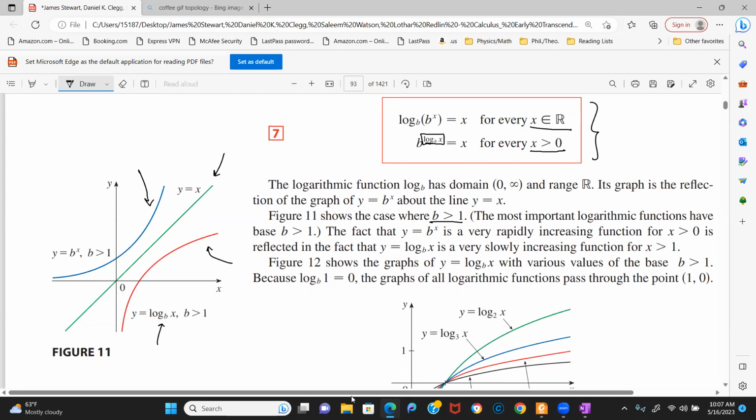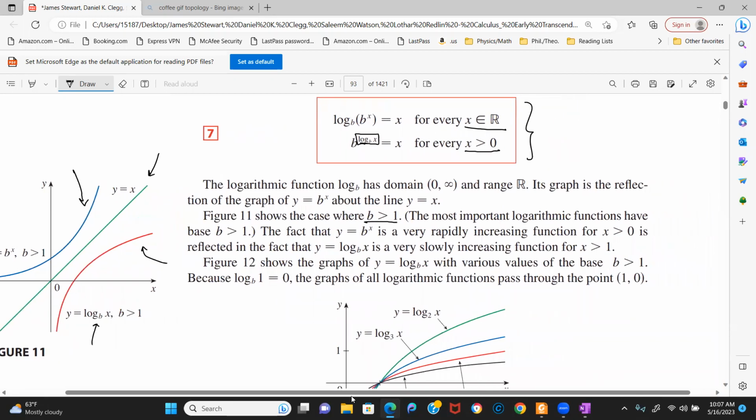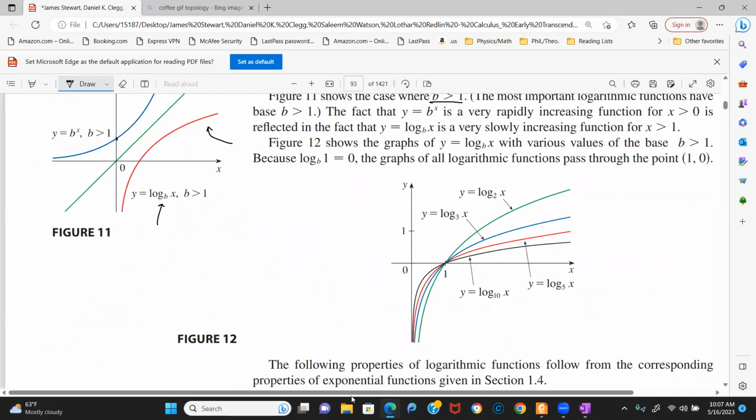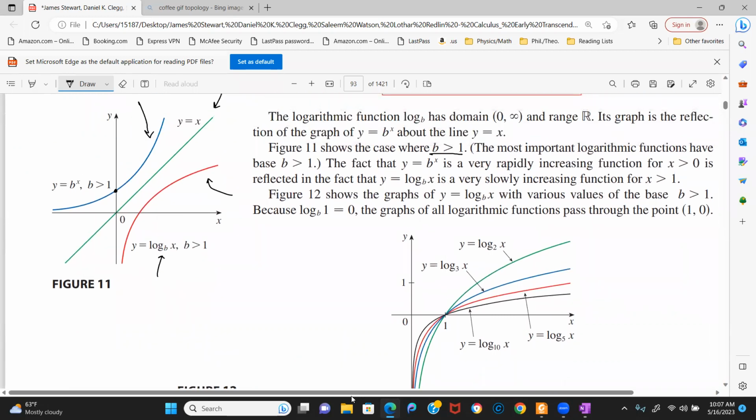So here's some different examples. Now we know this point right here, so we can determine at least one point. This point right here is (0, 1). So that implies that this is (1, 0), right? Because you swap the coordinates.